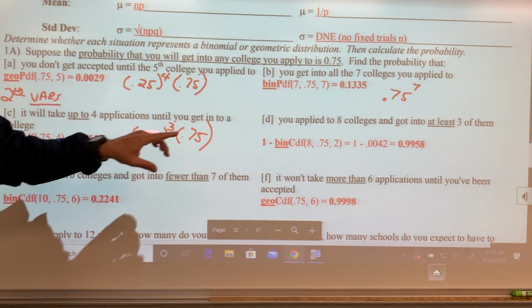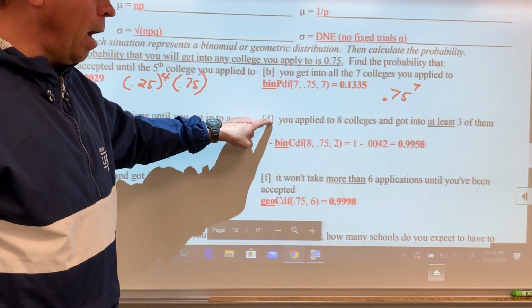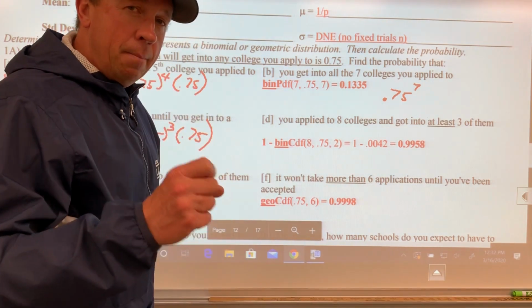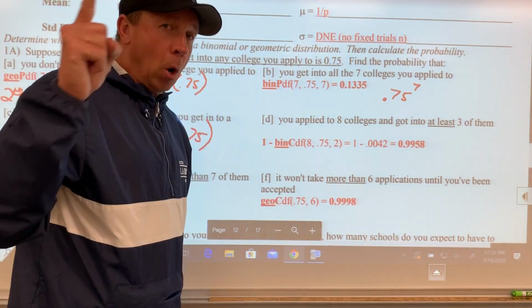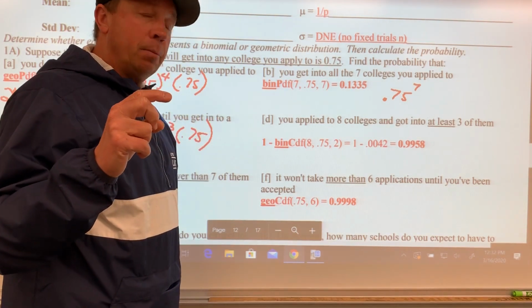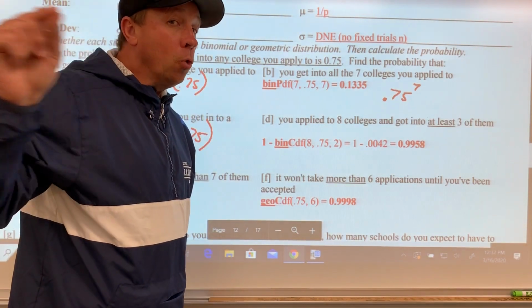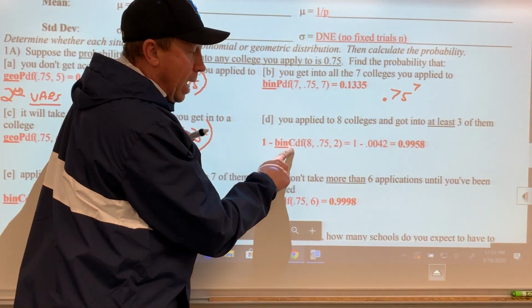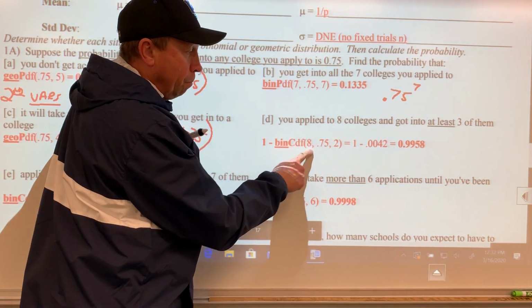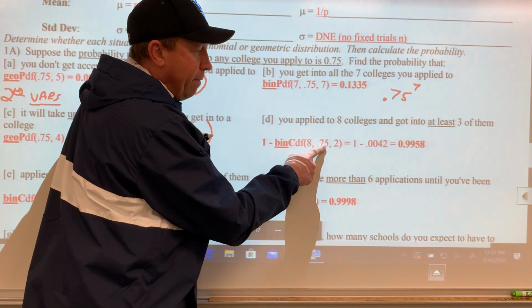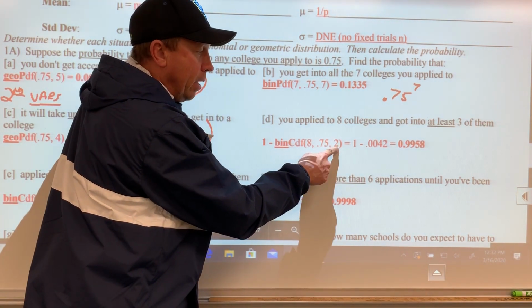Okay, D, you applied to 8 colleges and got into at least 3. At least 3 means 3 or more. So we're going to subtract 1 minus 2 or less, if you remember that. Binomial CDF, I capitalized the C for you. 8 trials, 75% chance of getting in, and then a 2.